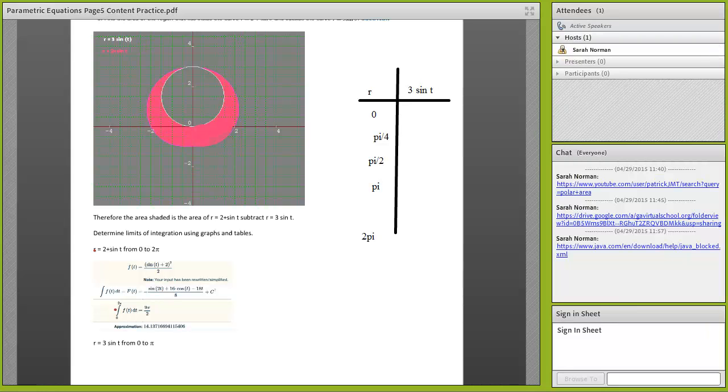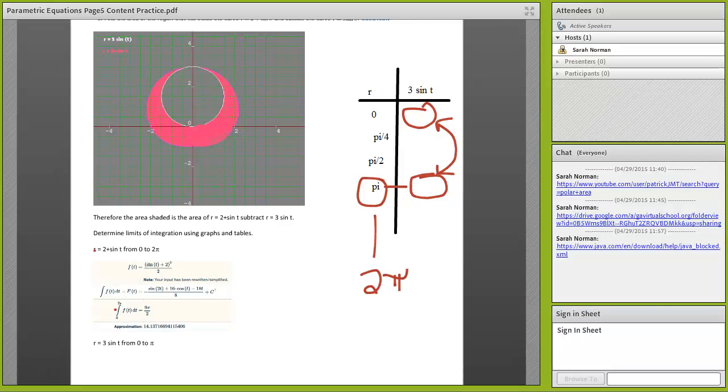And what you'll find is that you get a full polar curve, but instead of starting over at 2 pi this time, this one is going to start over at pi. So when you plug in 3 sine of t, that is one full curve.